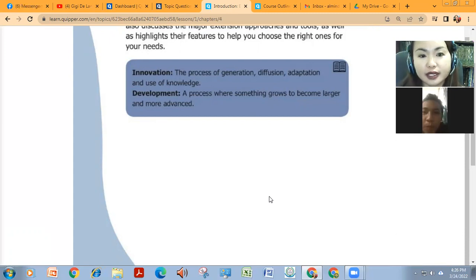So definitely, are they the same or not? Dili, ma'am. So, but both of them na ay change, diba? Pero ang say kalahian nila? So, ma'am, parang ang innovation is to be creative, to be more creative, and development is to enlarge the... So may development na.